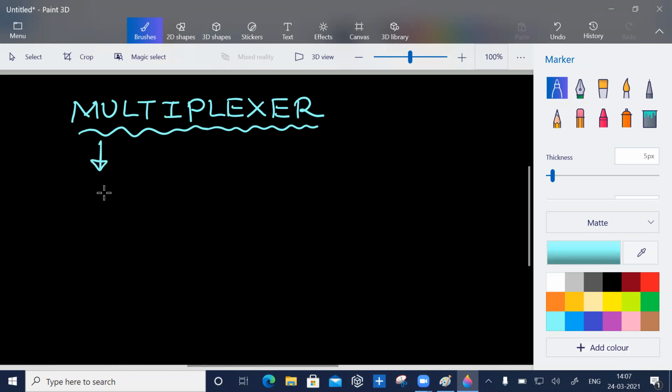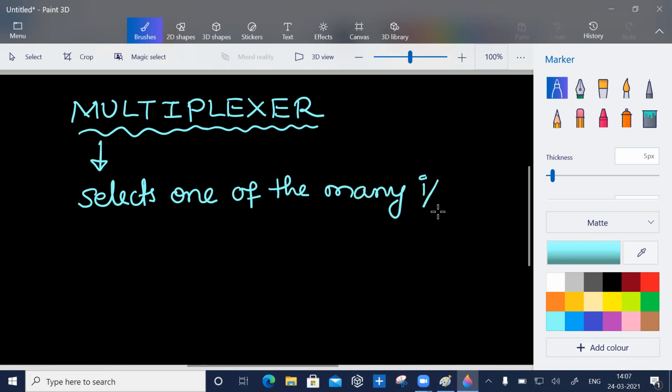What does a multiplexer do? A multiplexer selects one of the many inputs to an output. That's it. This is the purpose of a multiplexer.